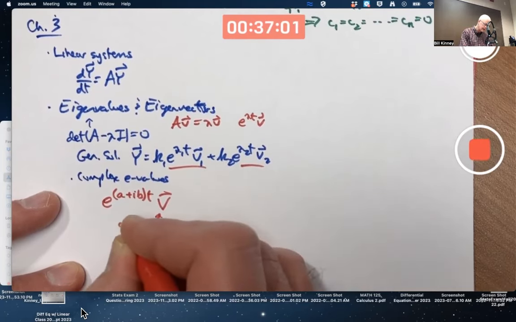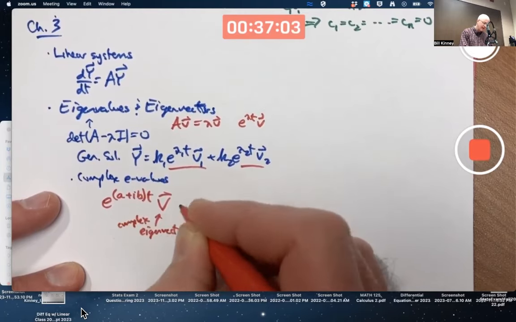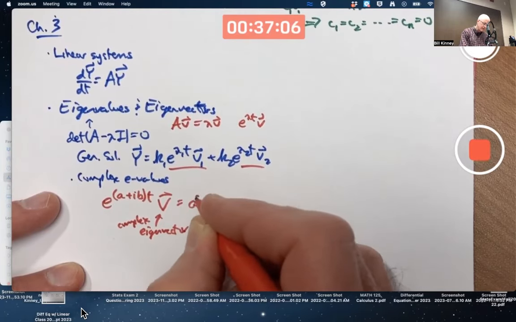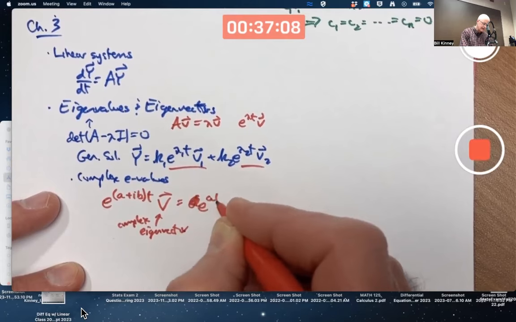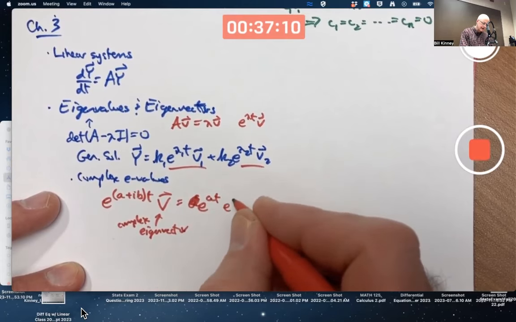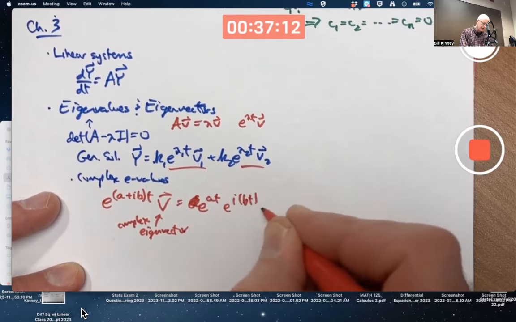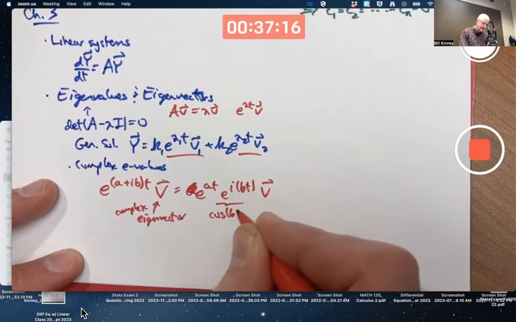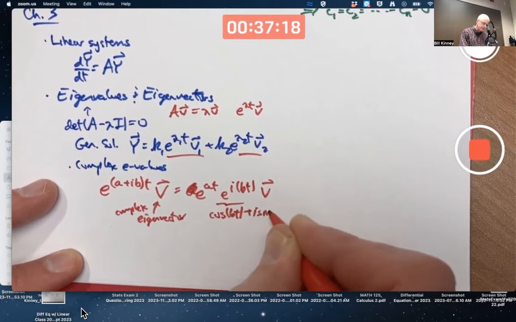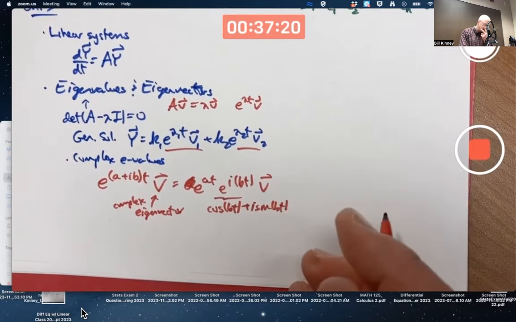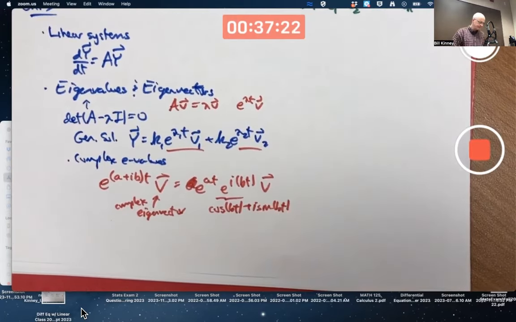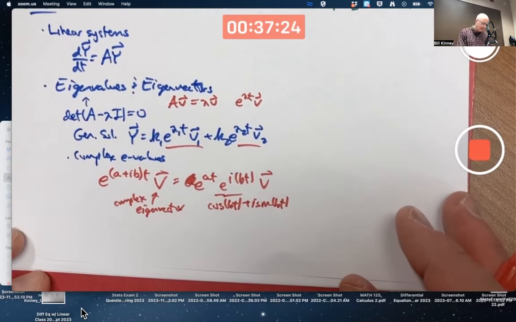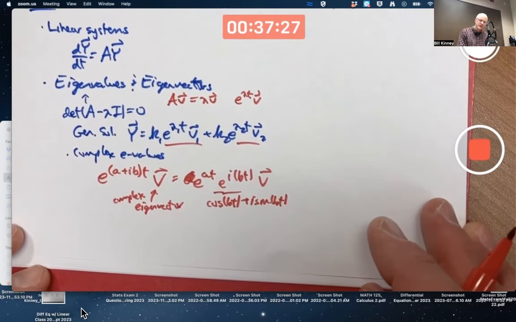This is complex, and you ultimately use Euler's identity to help you expand this. That's cosine bt plus i sine bt. You only need to do this with one of the eigenvalues. You don't have to do it for the other.